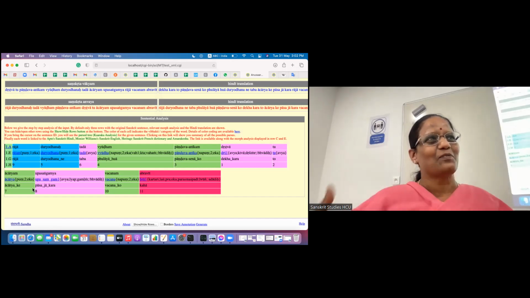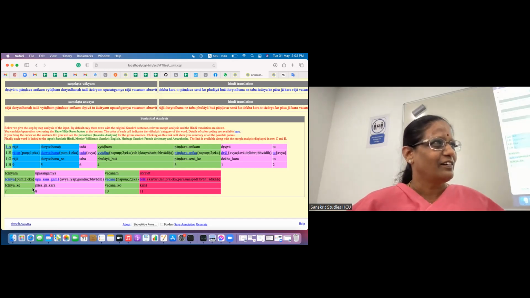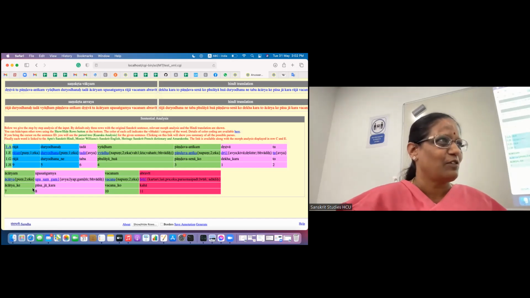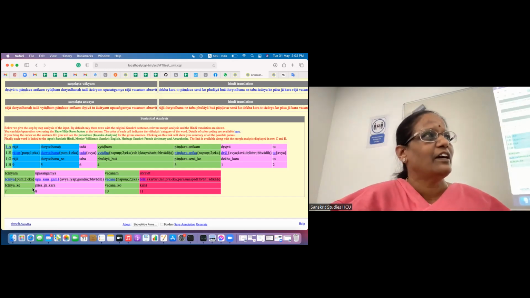You cannot say rice was cooked. Rice has not arrived. It is Ram who has arrived. So this is again grammatical incommensurability between the two languages, English and Sanskrit.